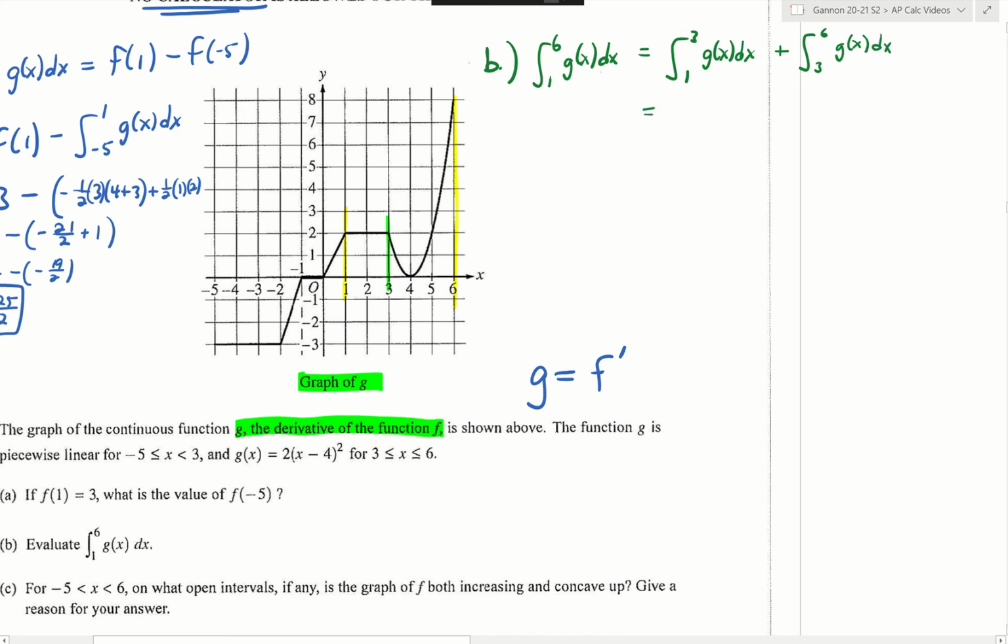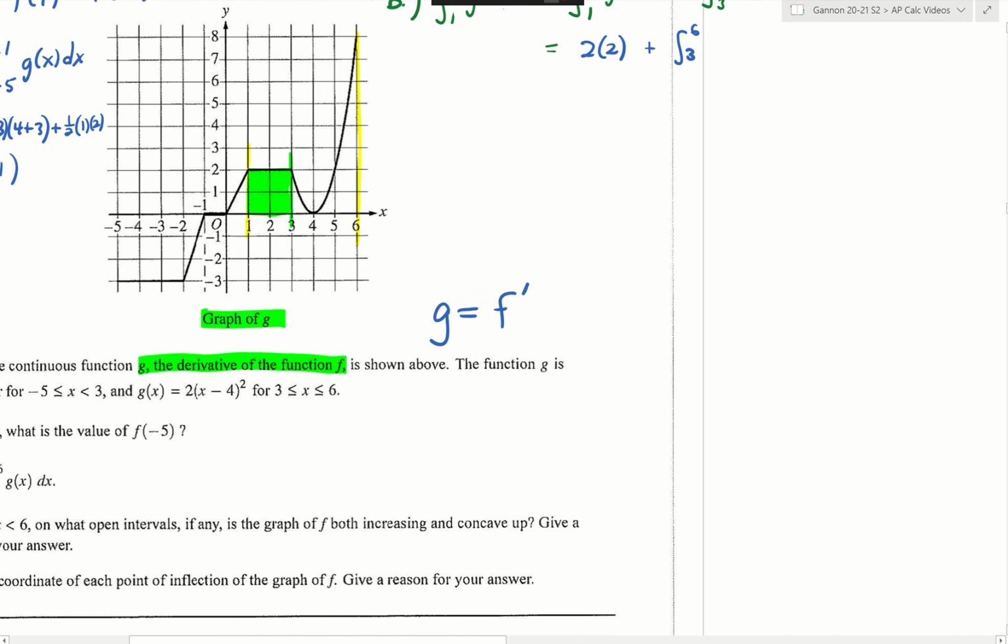Now, the integral from 1 to 3 is simple. It is this square right here. It's the area of that square. So that's going to be 2 times 2 plus. Now, from 3 to 6, we have this function that we're going to have to integrate. So we have 2 times x minus 4 quantity squared dx.